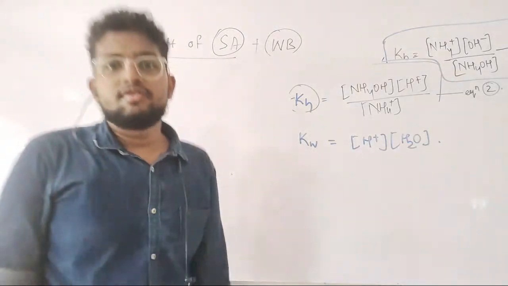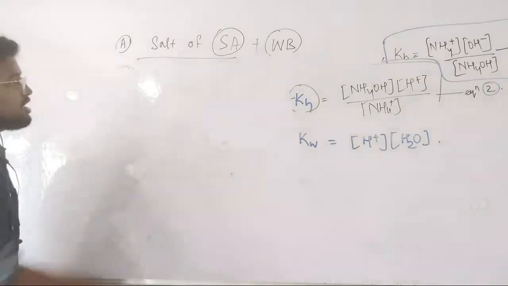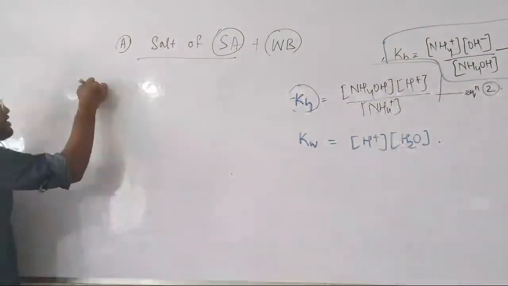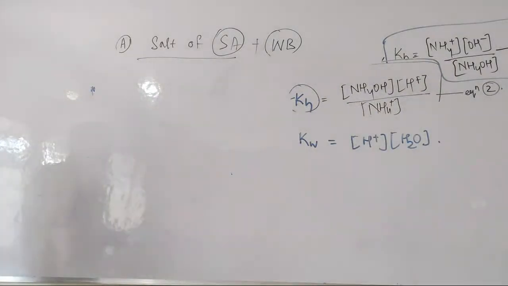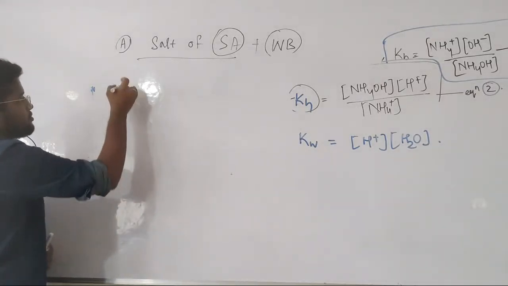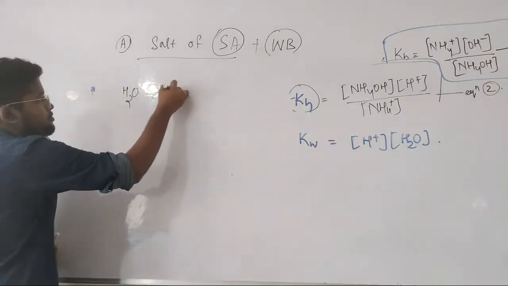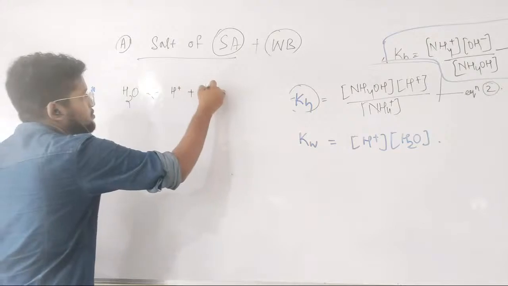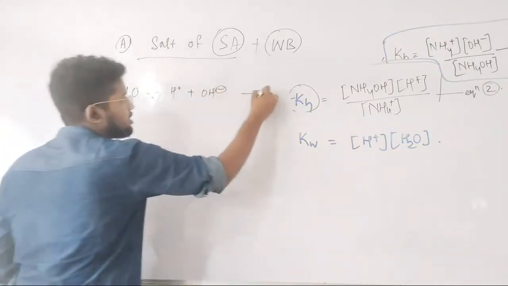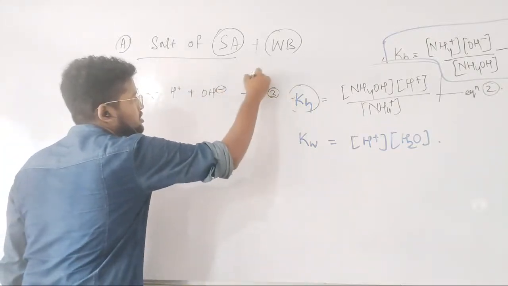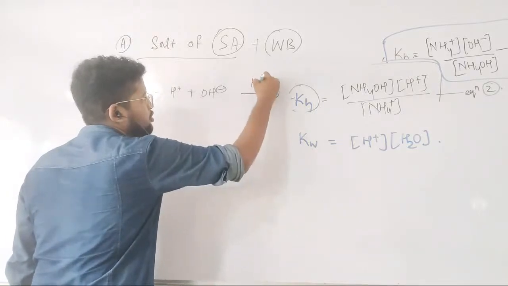Let's try to derive something. First, let's write down all the equations. This was the third equilibrium, which is giving equilibrium constant Kw.